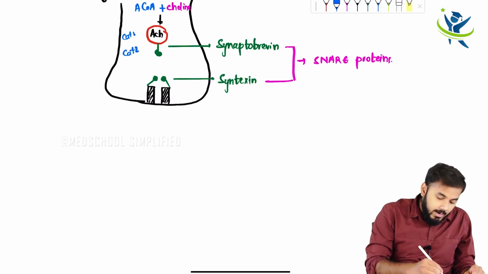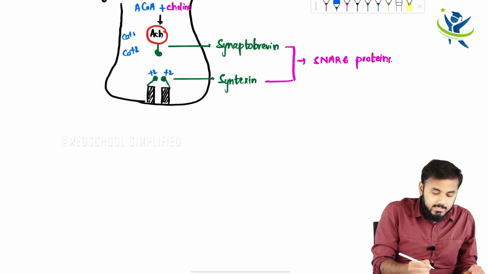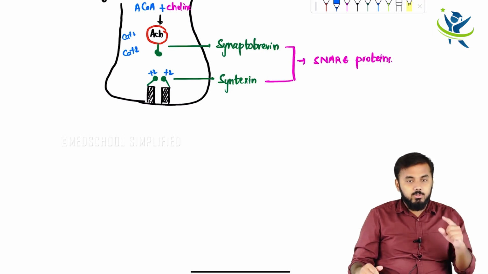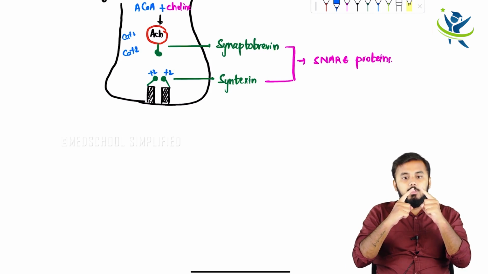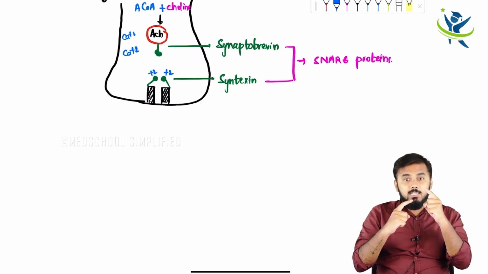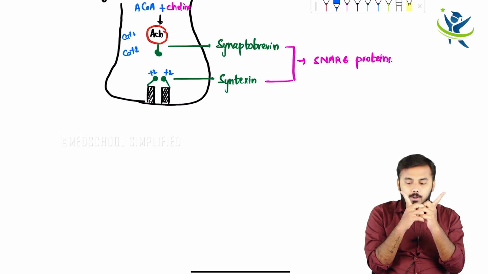So one calcium ion attaches here, and another calcium attaches on the other side of the syntaxin molecules. So this is one syntaxin, this is another syntaxin. Calcium is positively charged, so there is positive here and positive here. What will happen? Positive, positive, they repel. So both the syntaxin molecules repel out.